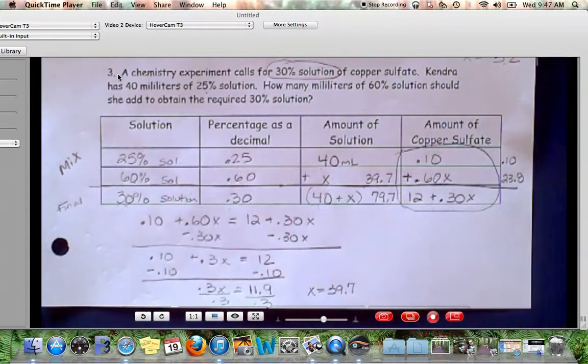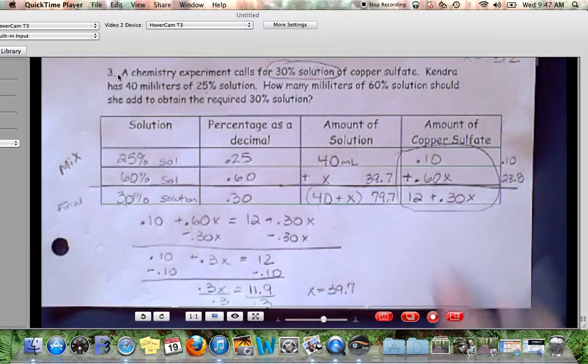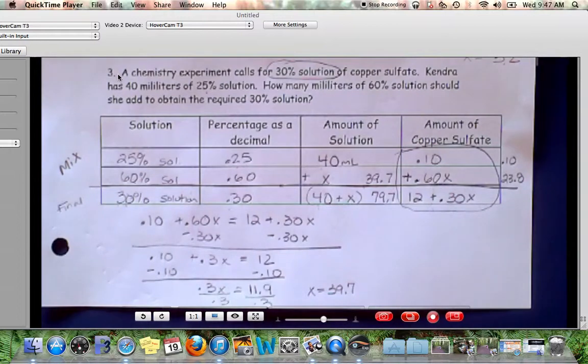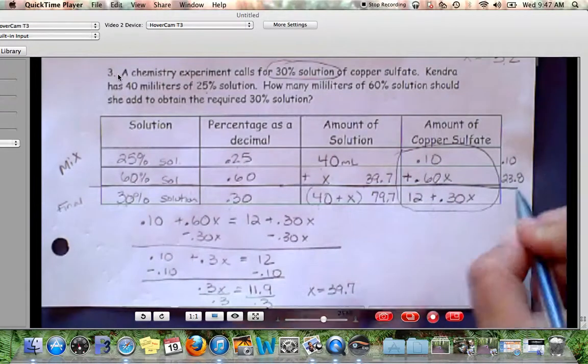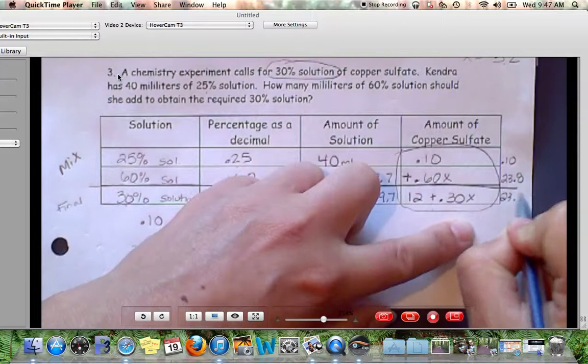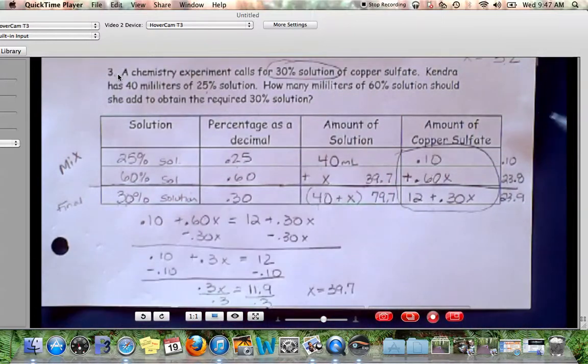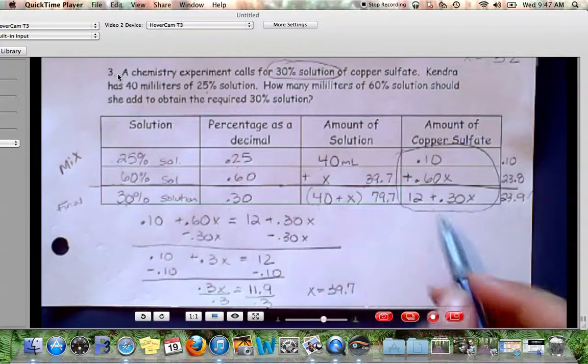And when we multiply that out, we get 23.9. Now, if we check this out here, 0.10 plus 23.8 will give us 23.9. So we go back and check this.